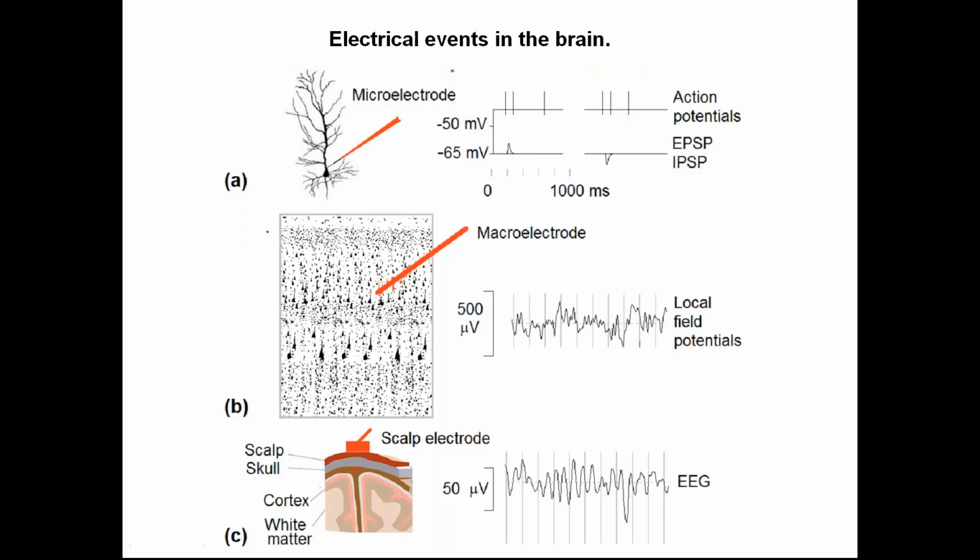Of course, the amplitude of this activity is much smaller than the local field potential, and it is much slower than the potentials recorded by microelectrodes. But the beauty is that using new, advanced methods of EEG and ERP analysis, you can extract a lot of information from this signal, and you can use this information in clinical practice.